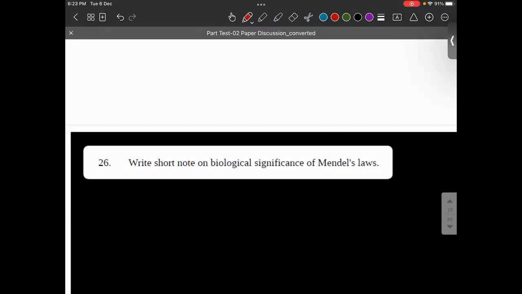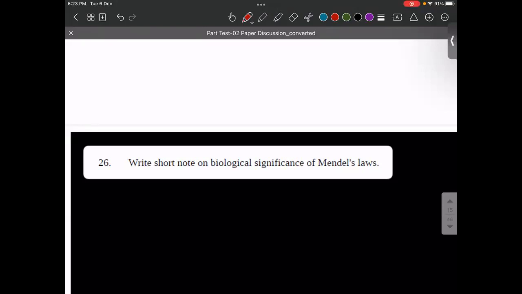See, this is a very interesting question in the sense that you cannot get simply any definition or quote in the book. You have to understand the Mendelian concept. You have to understand the basic principles of inheritance, and from that you have to write it on your own.